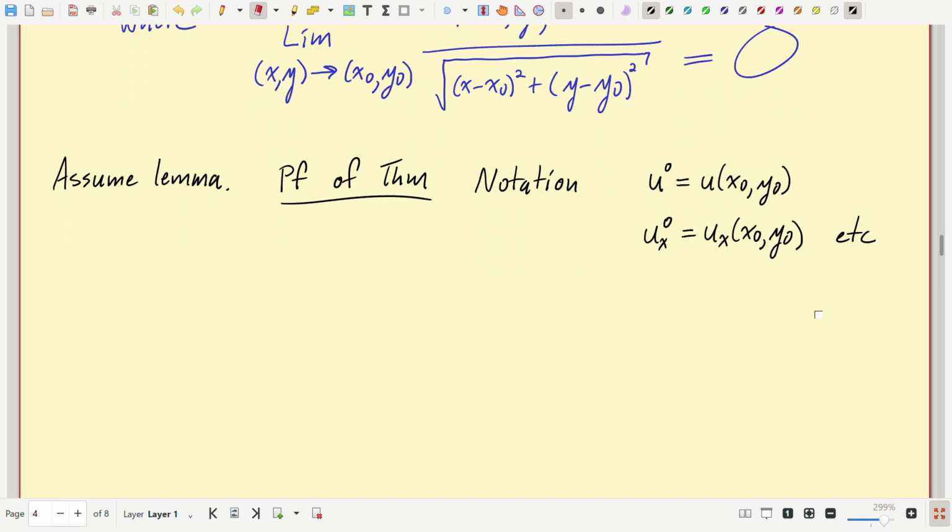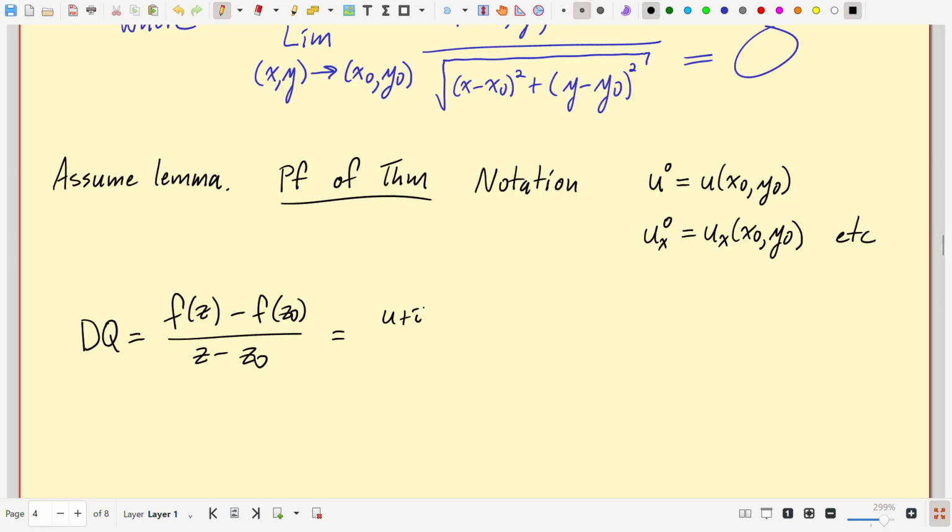Then I can simplify my notation. My difference quotient would be f of z minus f of z naught over z minus z naught. That would be u plus iv minus u naught plus iv naught over z minus z naught.